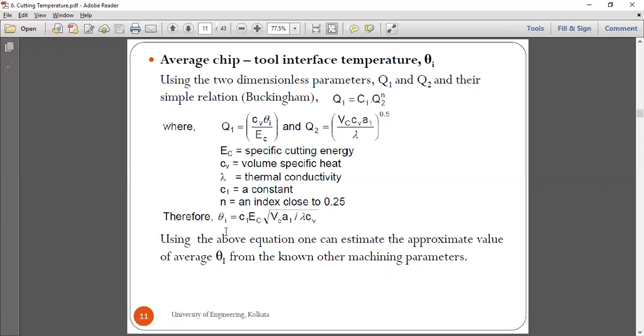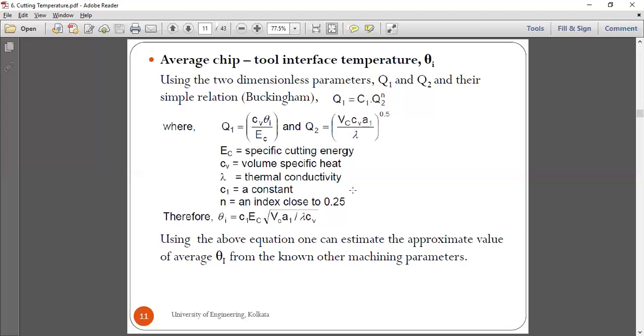Therefore we can find out the value of theta I from this relation, that is C1 EC under root VC A1 divided by lambda CV. So theta s and theta I we can get analytically from these equations.